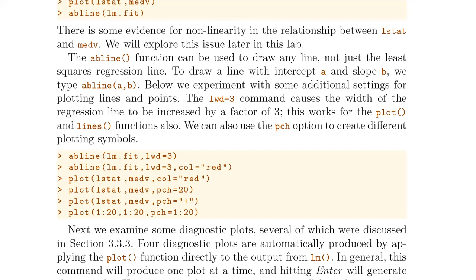To draw a line with intercept A and slope B, we type abline(A, B). Below, we experiment with some additional settings for plotting lines and points. The lwd=3 command causes the width of the regression line to be increased by a factor of 3. This works for the plot and lines functions also.